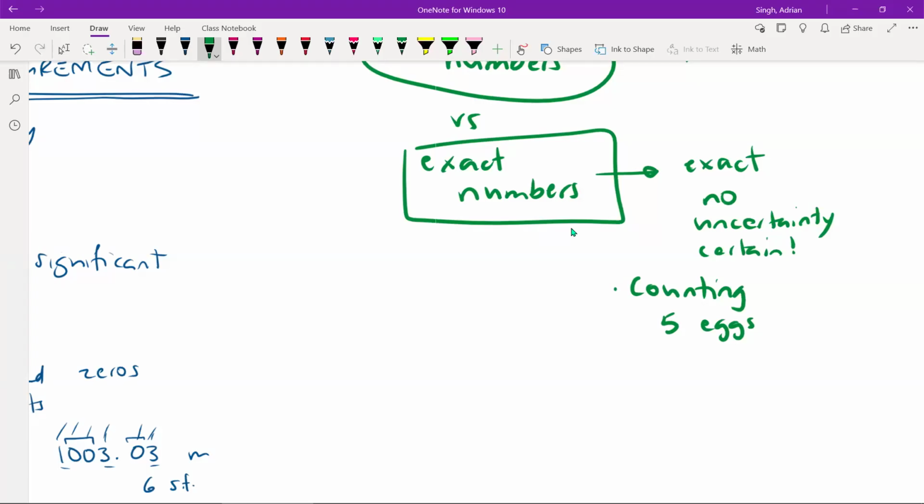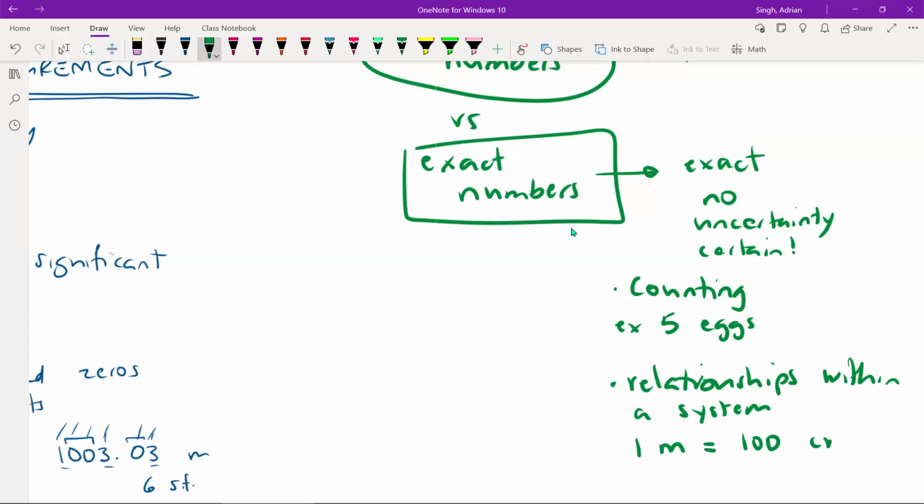We can also get exact numbers from relationships, mathematical relationships specifically. I'll give you an example, and we'll talk more about this in next week's content. For example, in the metric system, which is the system we use in science, 1 meter is equal to 100 centimeters.